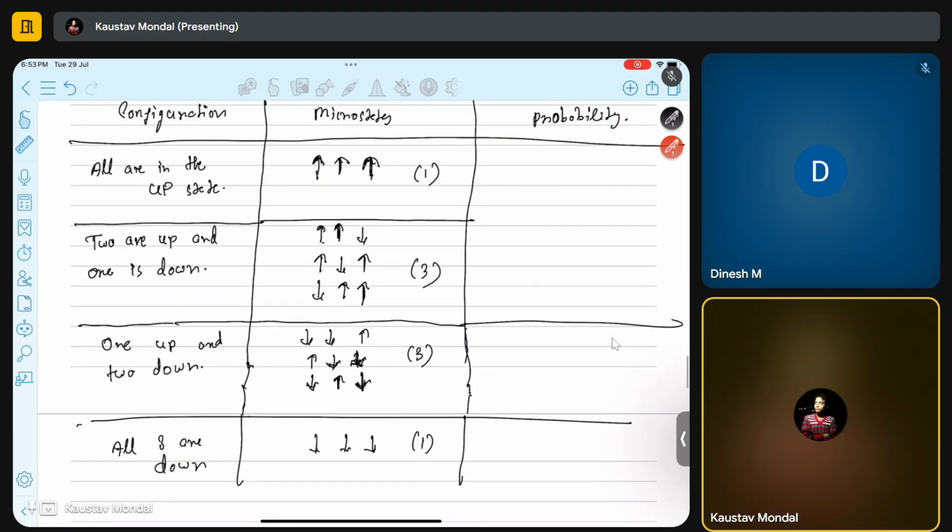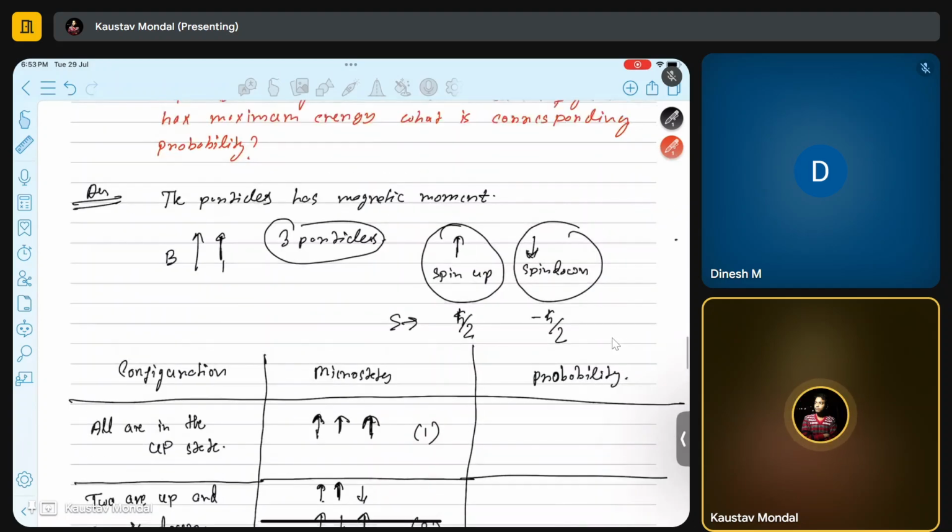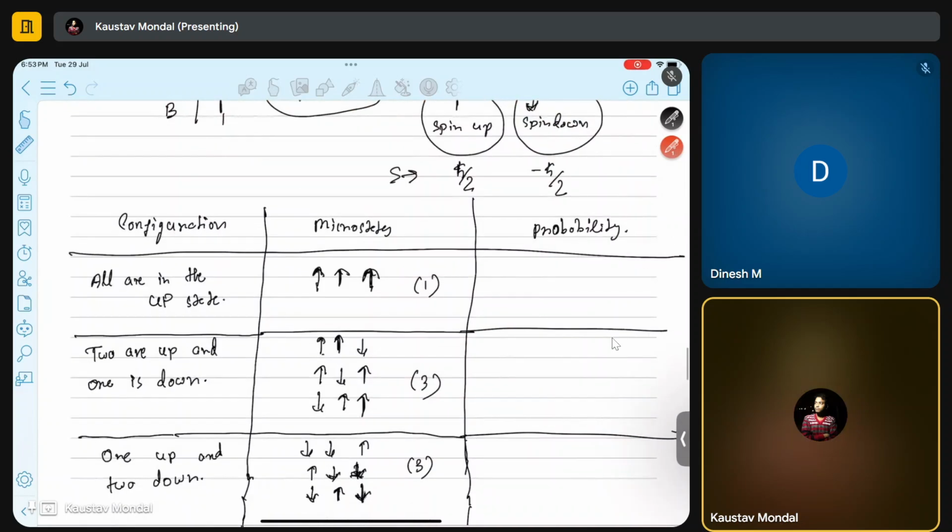So you get it, right? Any of the three particles can have up or down, just like the problem we did with the probabilities, where the particles are simply replaced by coins that can have either head or tail.